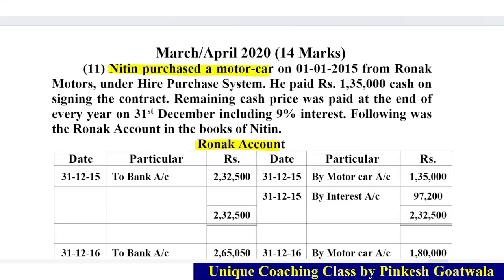Nitin purchased a motor car on 1/1/15 from Ronak Motors. When it was purchased? 1st January 15 under hire purchase system. He paid 135 cash on signing the contract. So here 135 is a down payment. Remaining cash price was paid at the end of every year on 31st December, including 9% interest. Okay, rate of interest also given.